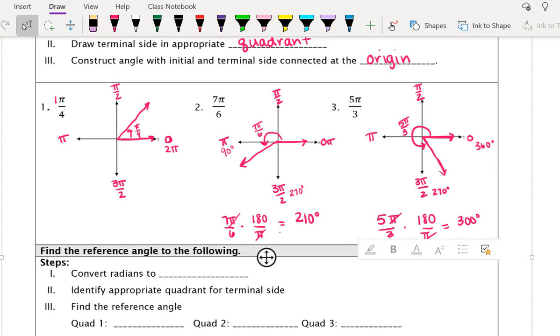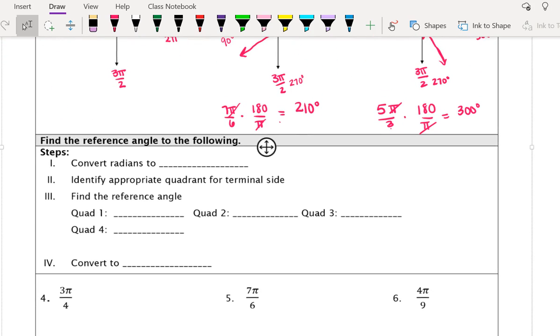So now to find the reference angle, we're going to first convert our radians to degrees per the usual. Identify the appropriate quadrant and then find the reference angle. So if the angle is in quadrant 1, then we just use the angle. It's equal to theta.